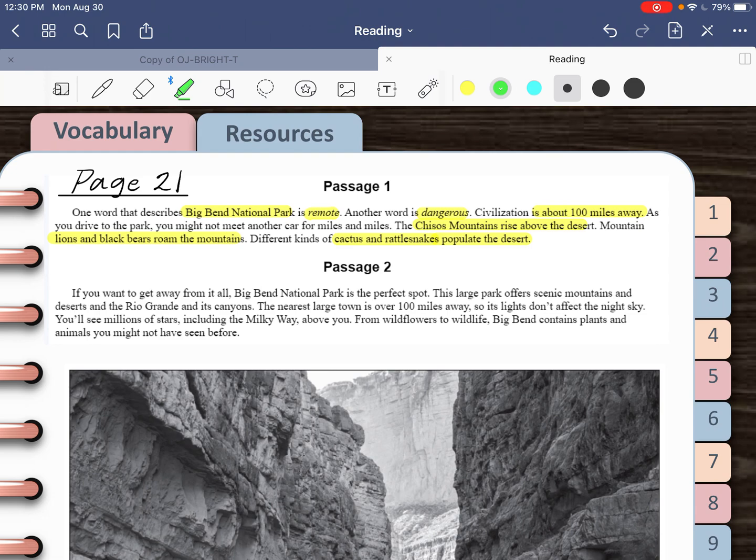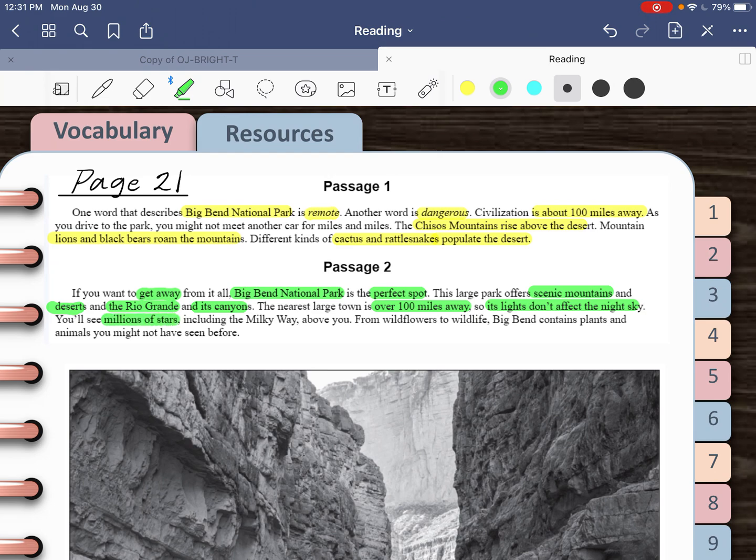Passage 2. If you want to get away from it all, Big Bend National Park is the perfect spot. This large park offers scenic mountains and deserts and the Rio Grande and its canyons. The nearest large town is over 100 miles away, so its lights don't affect the night sky.